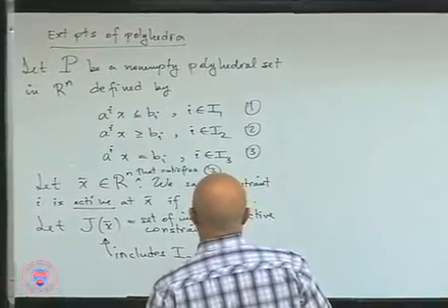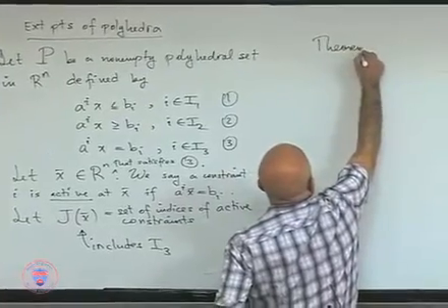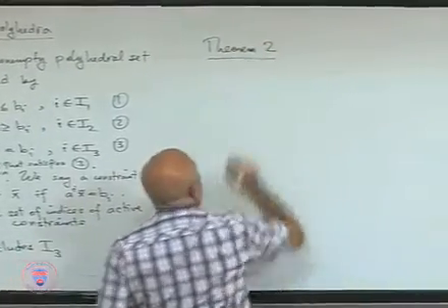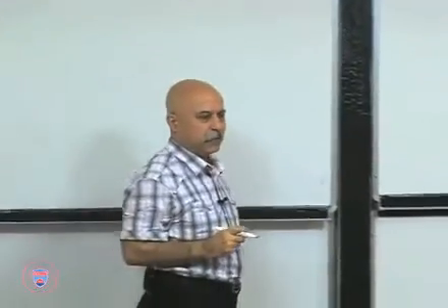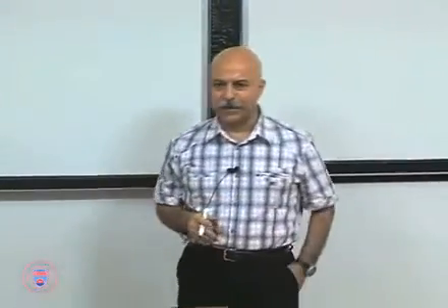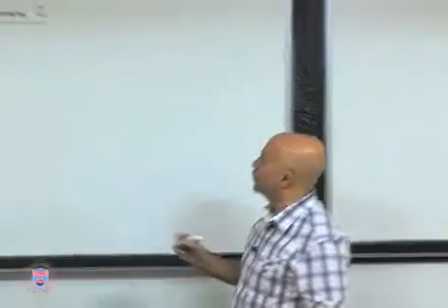Okay, so let me begin with a theorem. Did we have a theorem 1 before? Yes. Well, actually, before theorem 1, I had another auxiliary theorem, which I did not number. Nevertheless, this is going to be your theorem number 2.